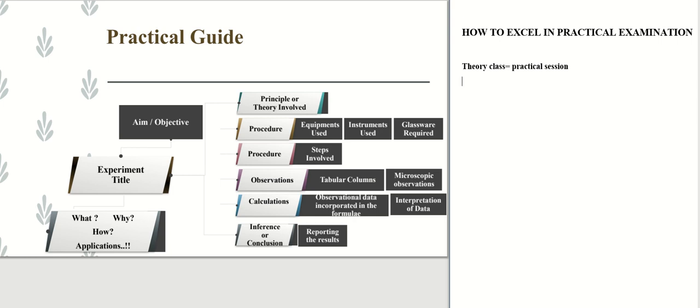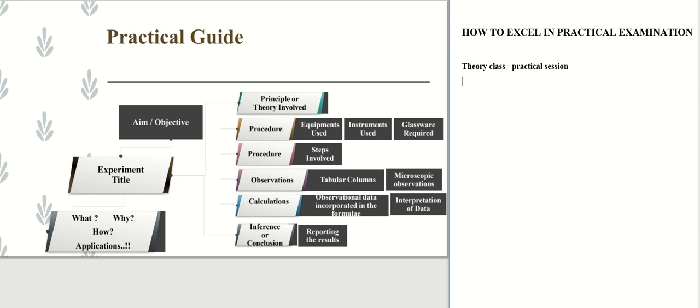So, if we study by keeping the theory class notes along with the practical notes, it will be very easy for a student to know the concept. It's not just remembering the concept, you need to know the concept. Then it'll be very easy for a person to calculate the observations that have been noted down during the experiment.